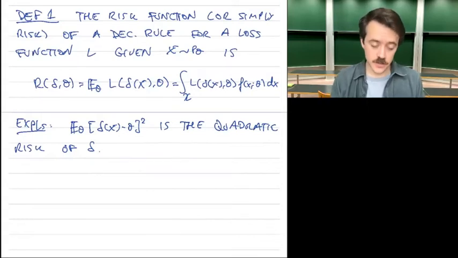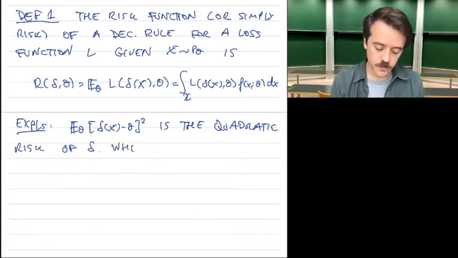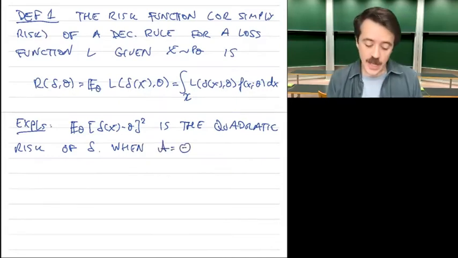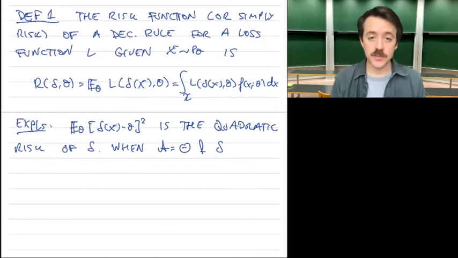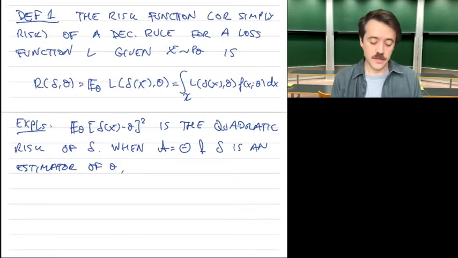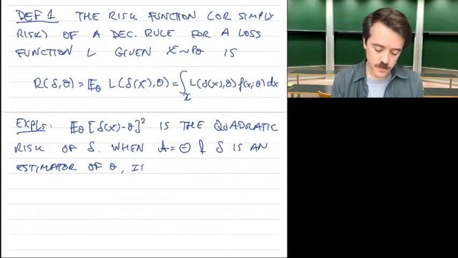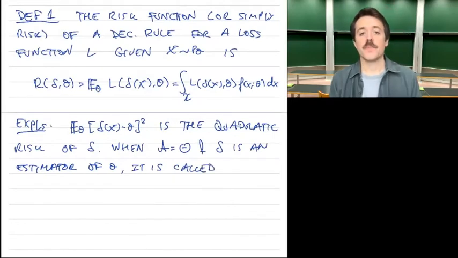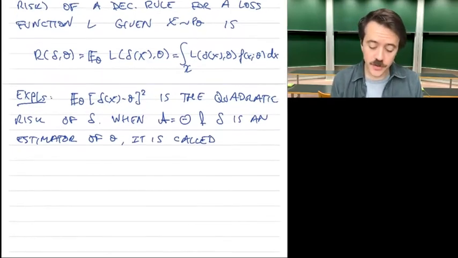So let's just clarify that. When this calligraphic A is our parameter space, and delta is an estimator of theta, then this quadratic risk is called the mean squared error.